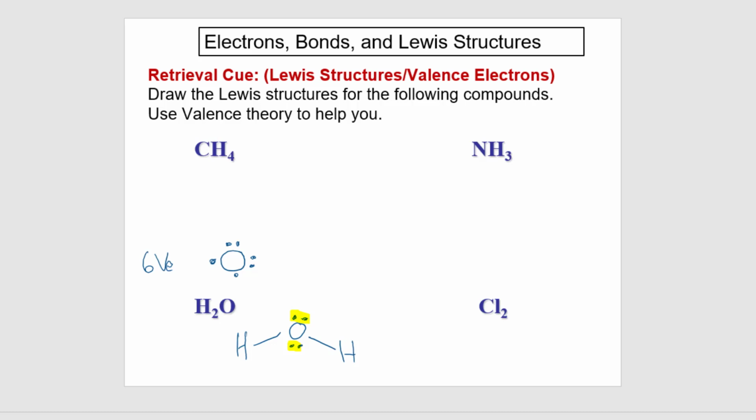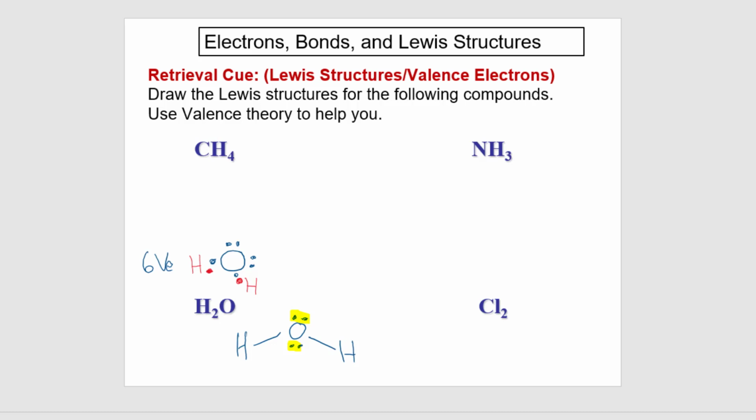Notice that in order to achieve an octet, it only needs one other electron that it doesn't have, so that has to be brought in by somebody else. Once that happens, the oxygen's full. It's reached its 8 electron capacity.